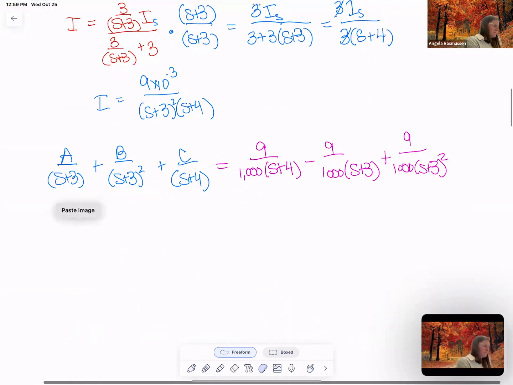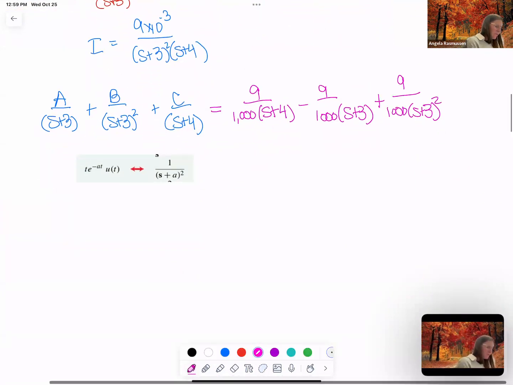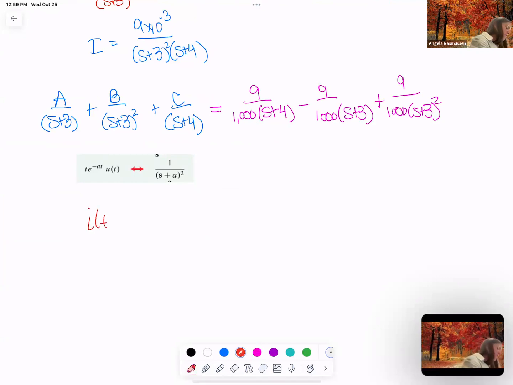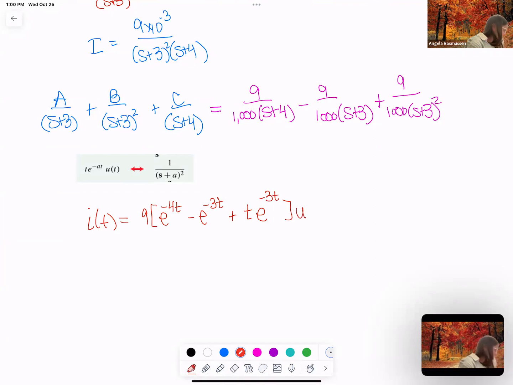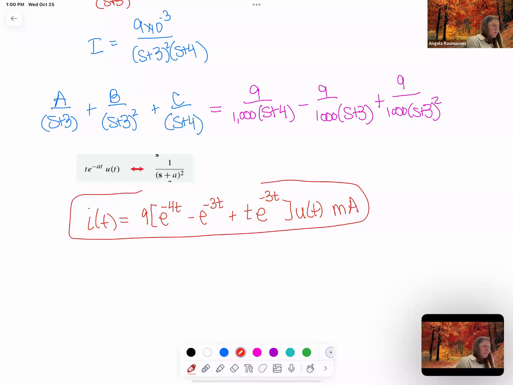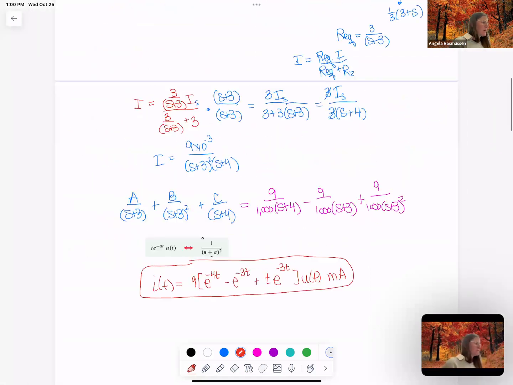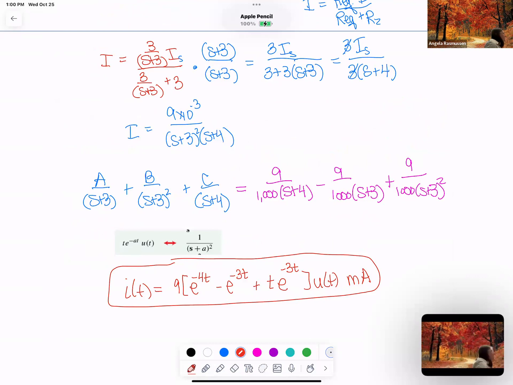This one here, you just solve the effects. Yeah, I figured it out.